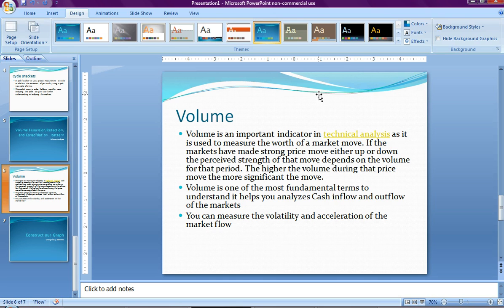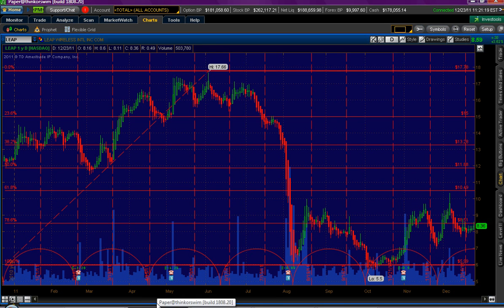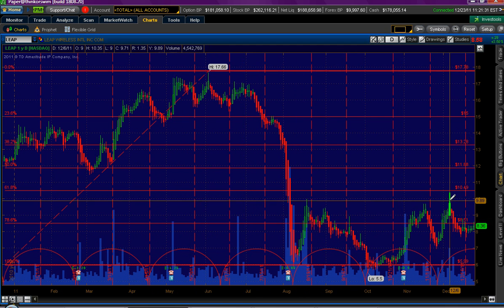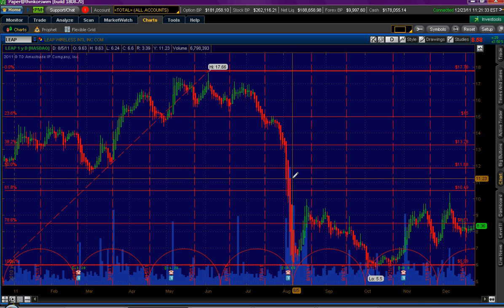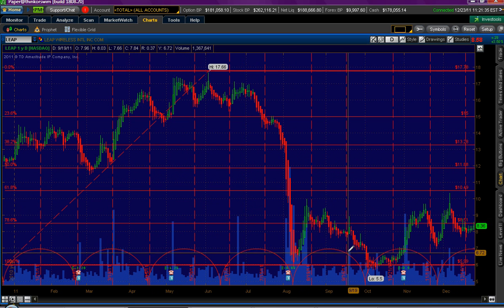Now, let's apply this to the charts. As you can see here, these light blue bars are the volume. It's the volume of investors, depending on how much investors are buying and how much investors are selling. The more the volume, the bigger the move. The lower the volume, the smaller the move.